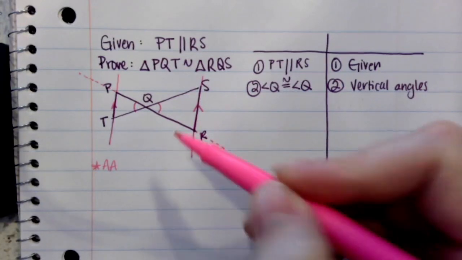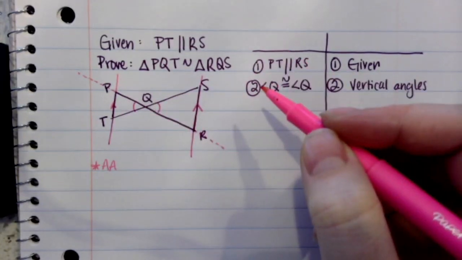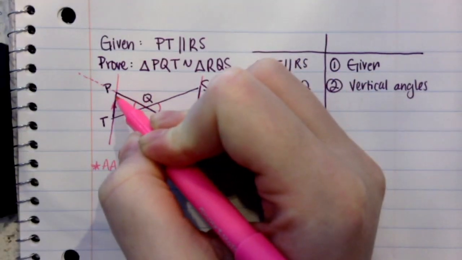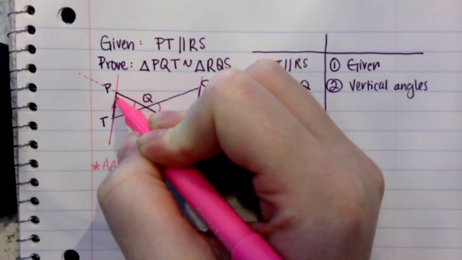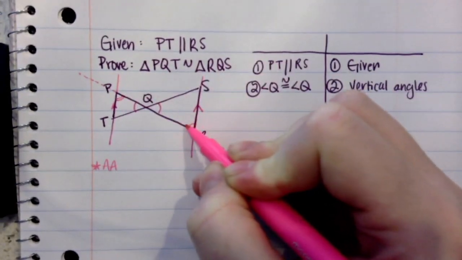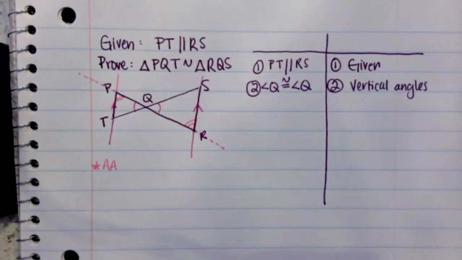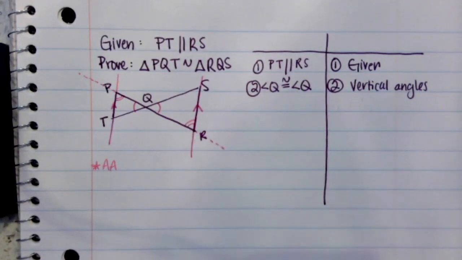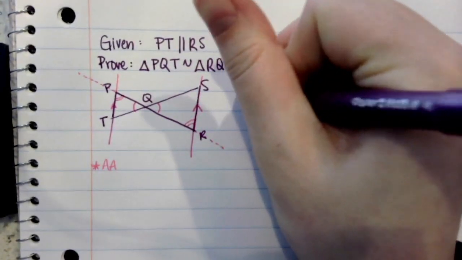But now I'm going to have to use the parallel lines and the transversal to find another set of congruent angles. And you can see angle P and angle R are alternate interior angles. So you can see that they're cut by that transversal, they're alternate interior angles, so we know that they are congruent.